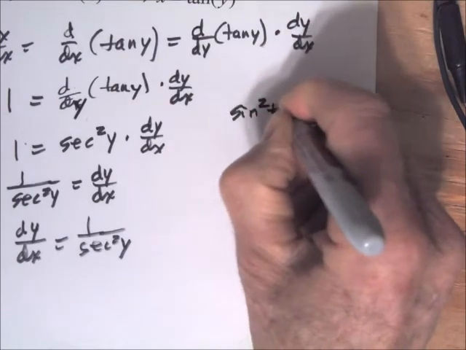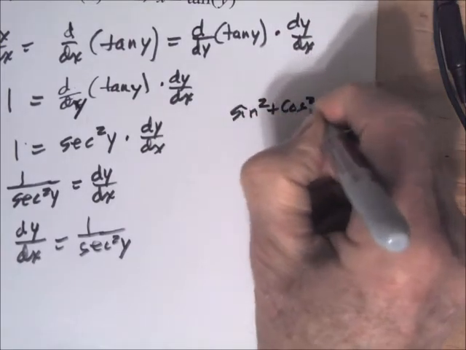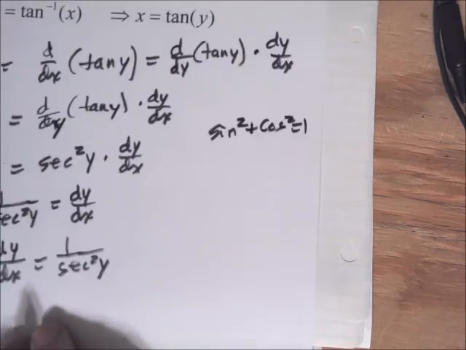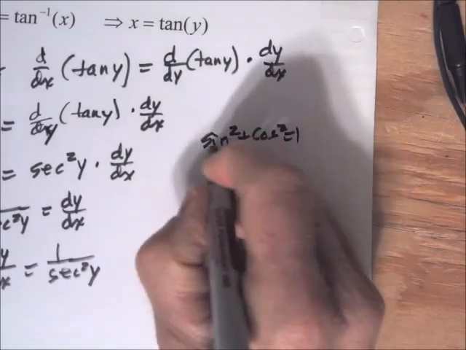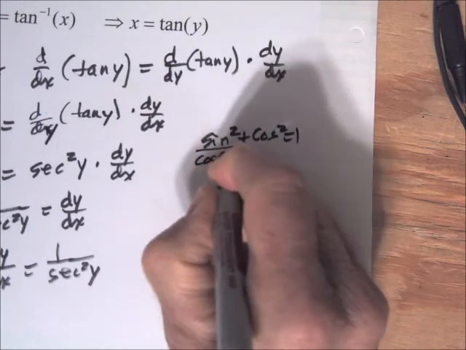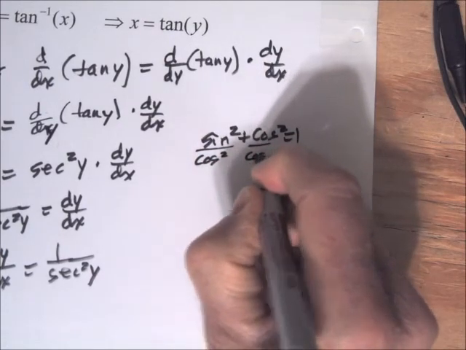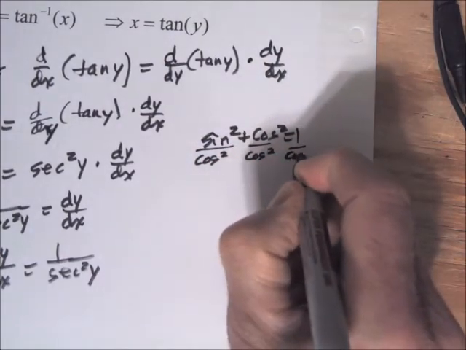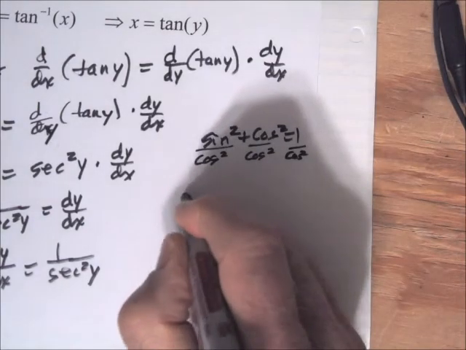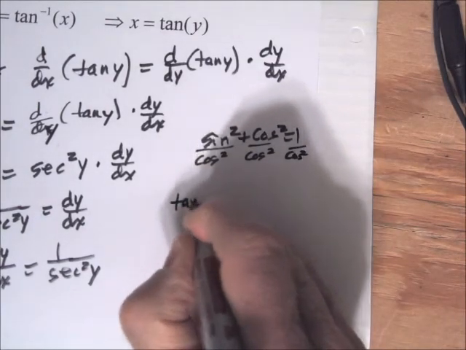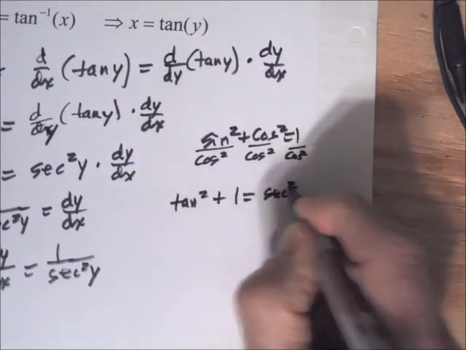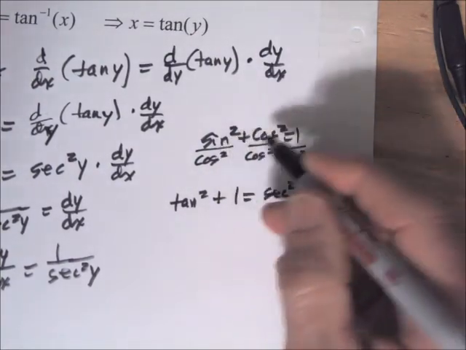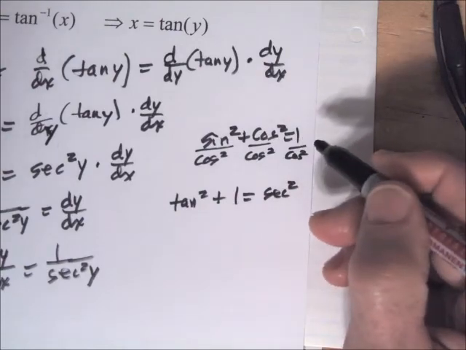Okay, so let's go back to the Pythagorean identity. Sine squared plus cosine squared is equal to 1, and if we divide each term by cosine squared, we get tangent squared plus 1 is equal to secant squared. Sine over cosine is tangent, 1 over cosine is secant.